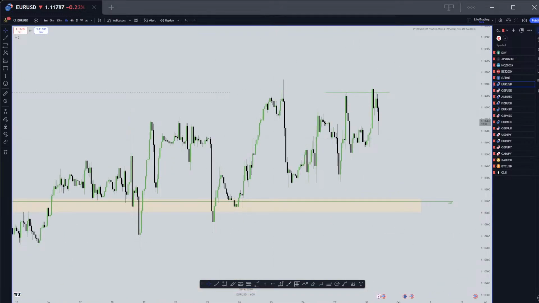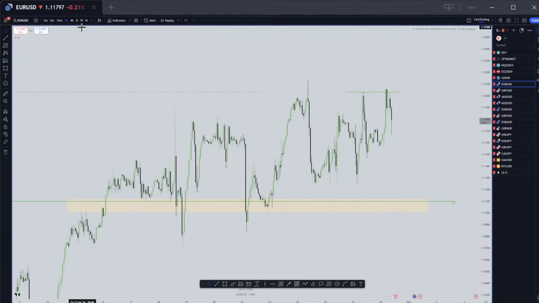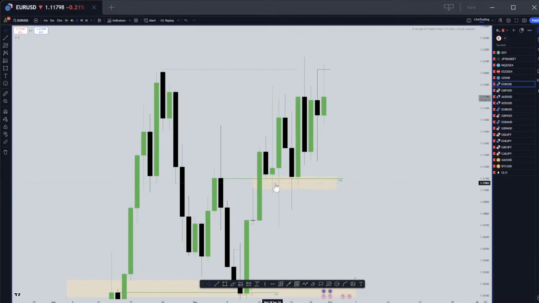So I use 1 hours in combination with dailies. Based on this price action, of course, from here, when did we tap into it the first time? Of course, we tapped into this many times.